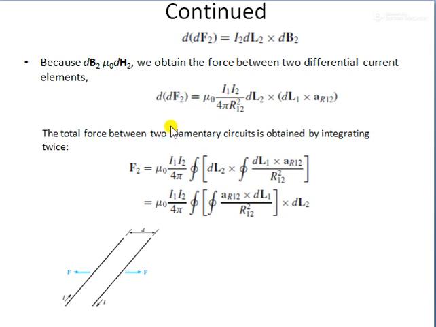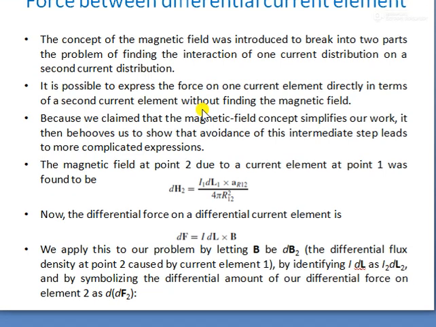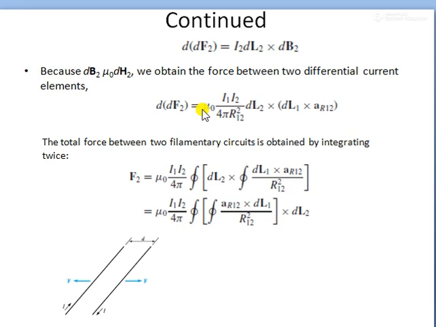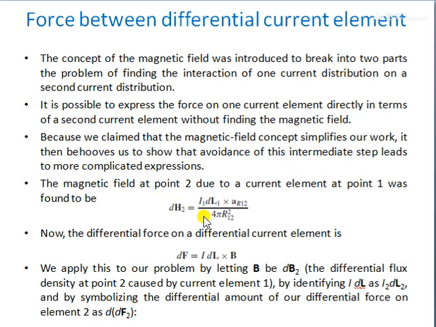Here you put the value of dB2. So dB2 is nothing but mu naught into dH2, where dH2 is also given.